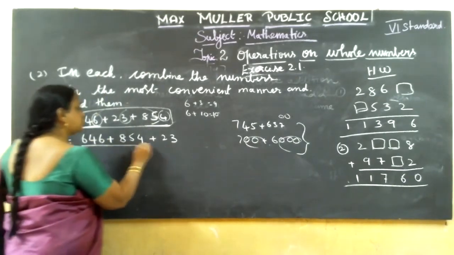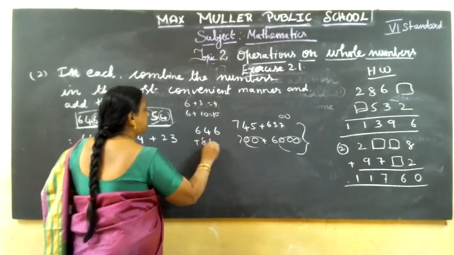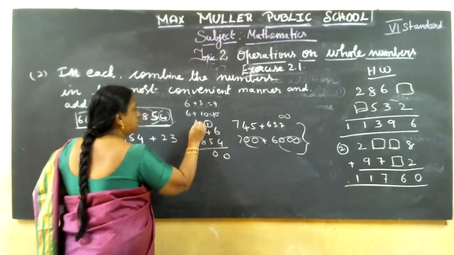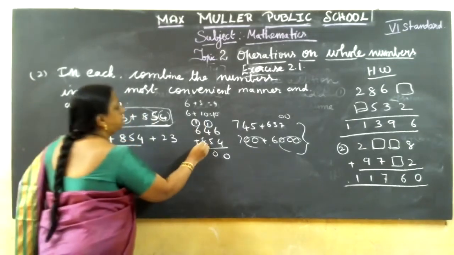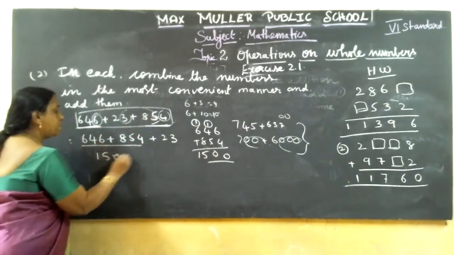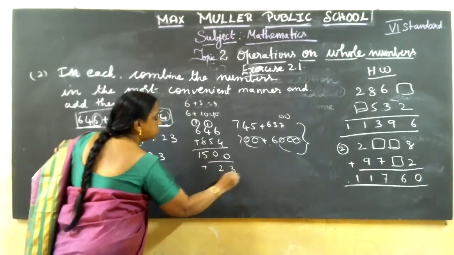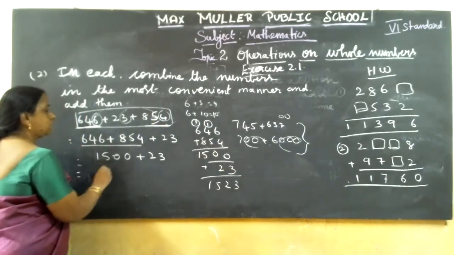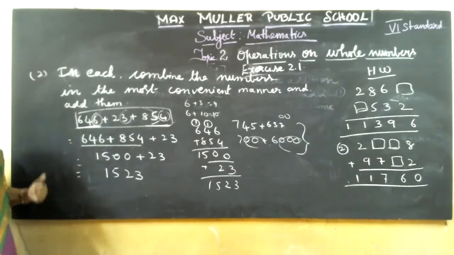First add these two, then add that. 646 plus 854: 0, 1 carry, 9, 0, 1 carry, 8 plus 7 equals 15. So you got 1500 plus 23. If you add 23 to this, it's so simple: 1523. So what is the answer? 1523.